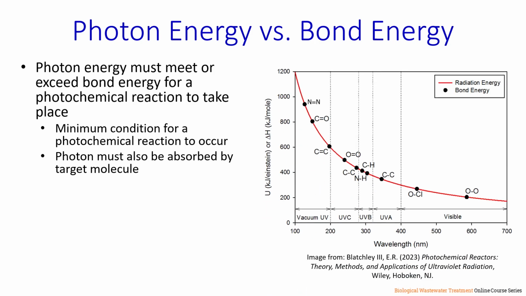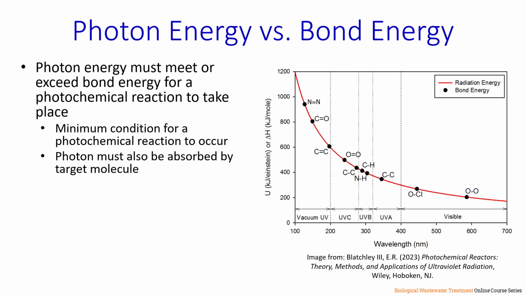In this graph, we see a representation on the vertical axis of photon energy and bond energy as a function of wavelength. So what's done on this graph with the red line is to describe that relationship that was illustrated on the previous slide of photon energy or energy per Einstein as a function of wavelength. And we can see this inverse relationship showing up.